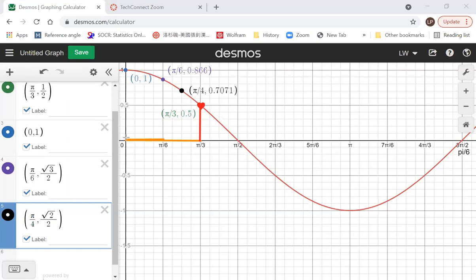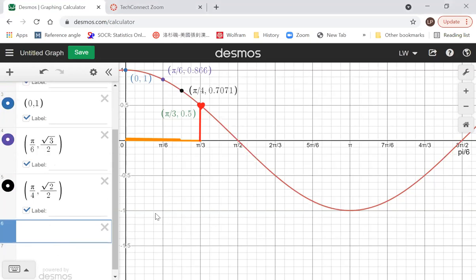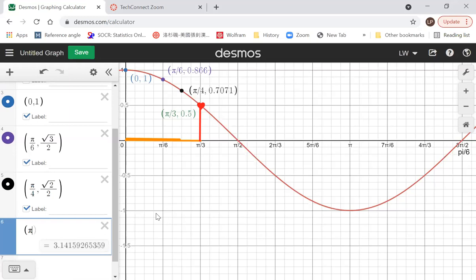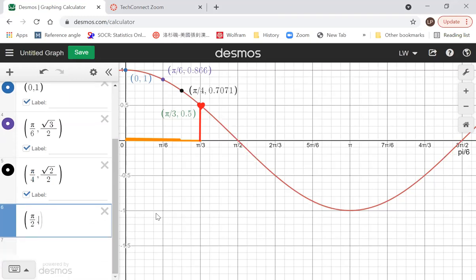And that's the pi over 4. Do you guys follow me? They're all the same meaning. So all the way to pi over 2. Pi over 2, comma, 0. At that point, pi over 2.